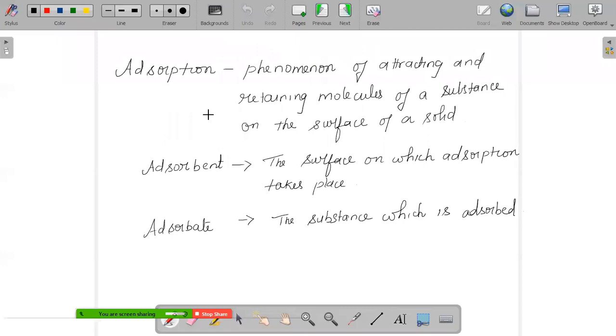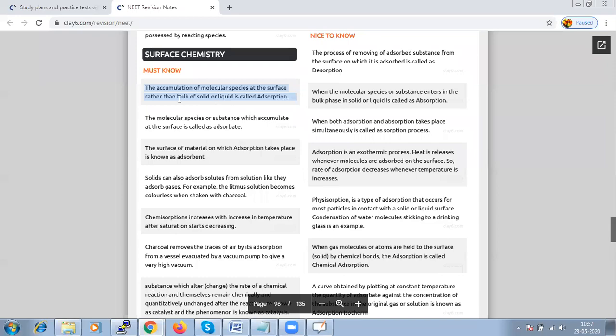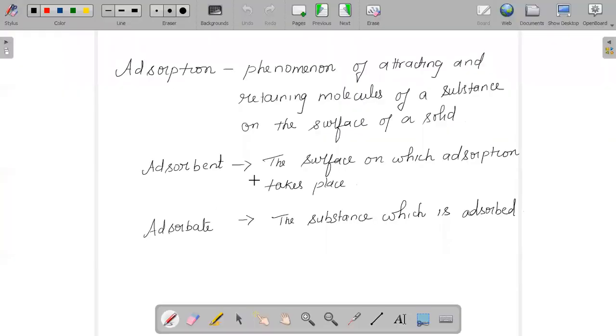When we say adsorption, we have two different terms, adsorbent and adsorbate. The molecular species or substance which accumulates at the surface, we call adsorbate.